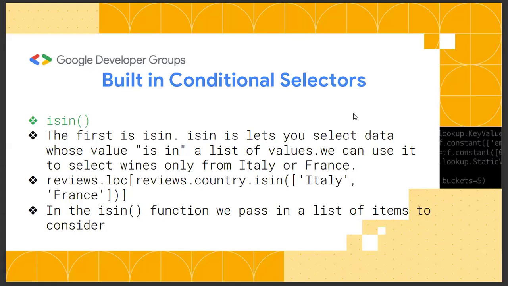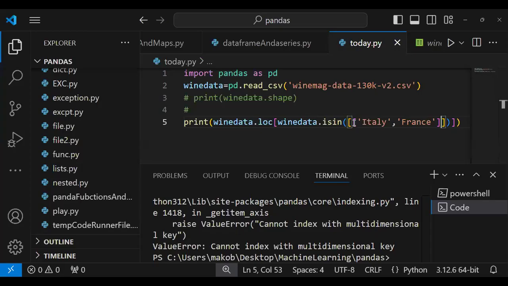Why are we getting errors? Okay, wine data dot isin, and then we give Italy, then France.